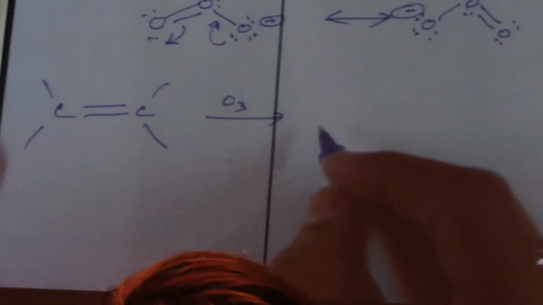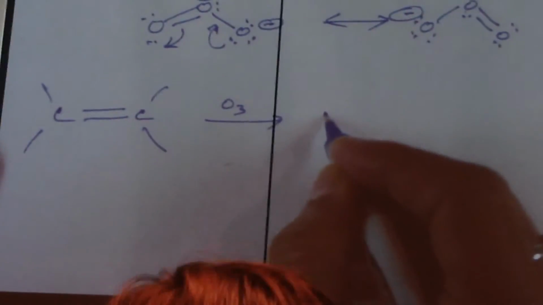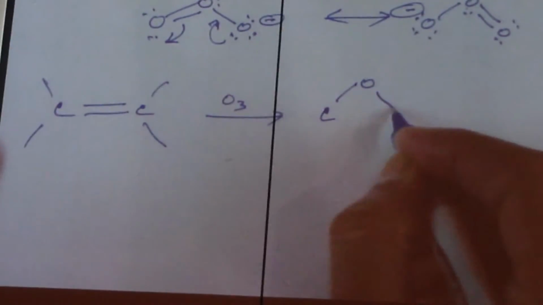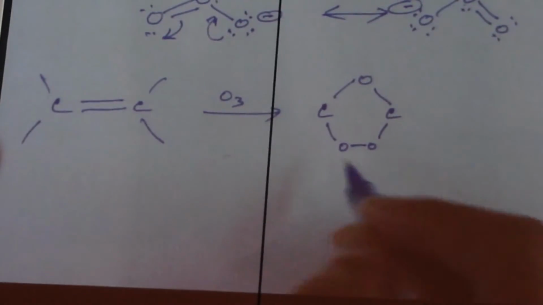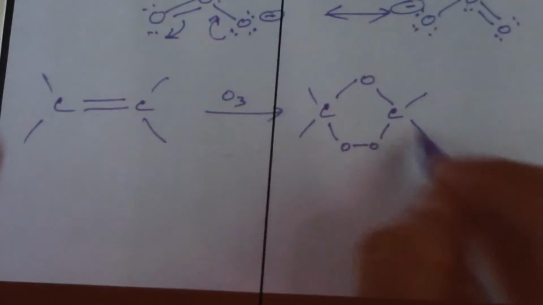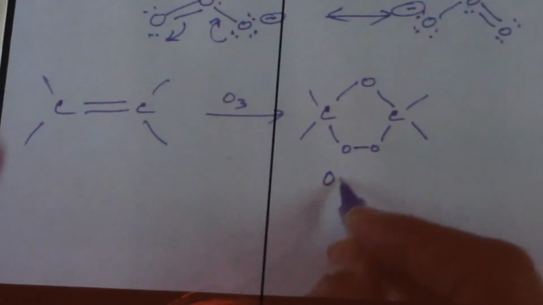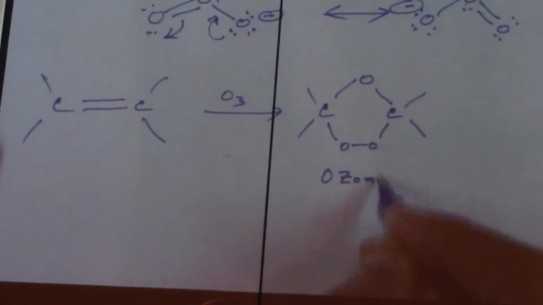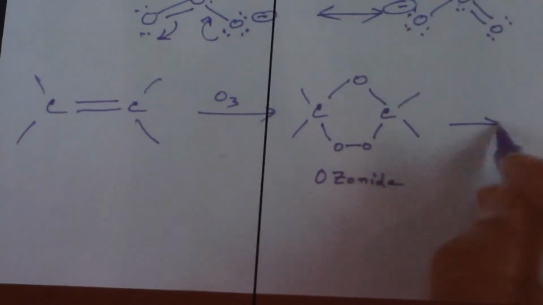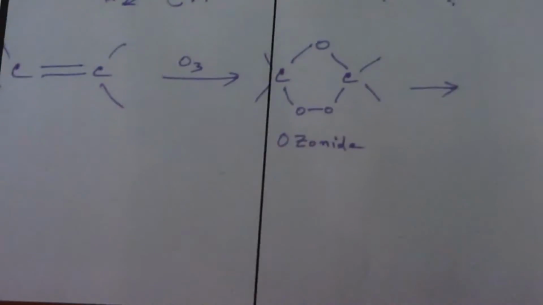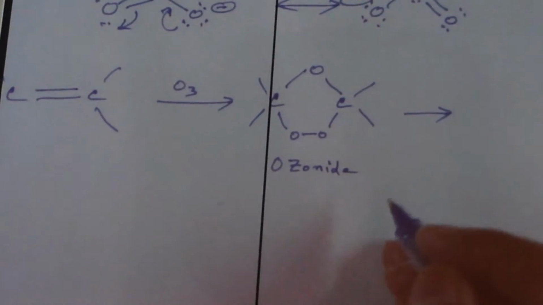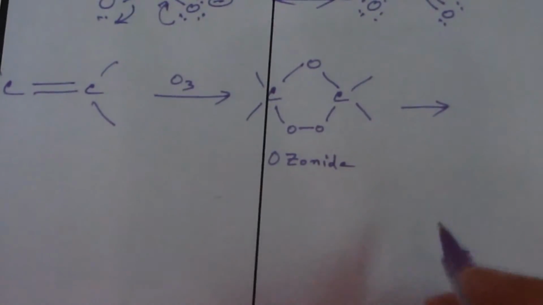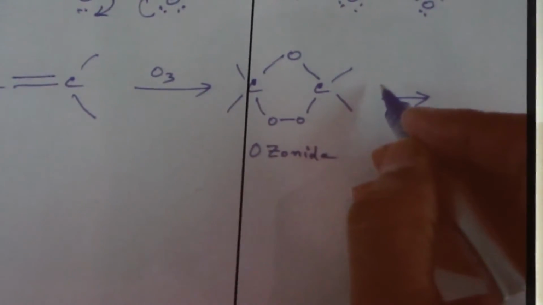That would generate what we know as ozonide, where you have a 5-membered ring system generated such as this. And that is relatively unstable and can be broken into two carbonyl groups in the presence of water.